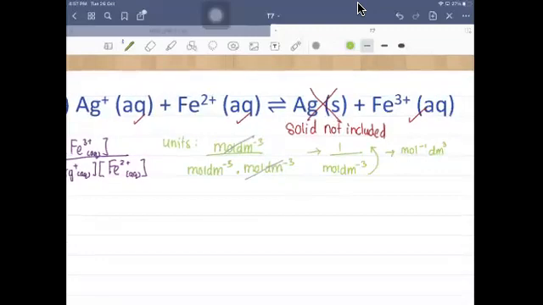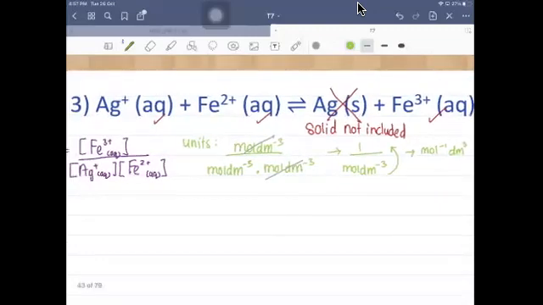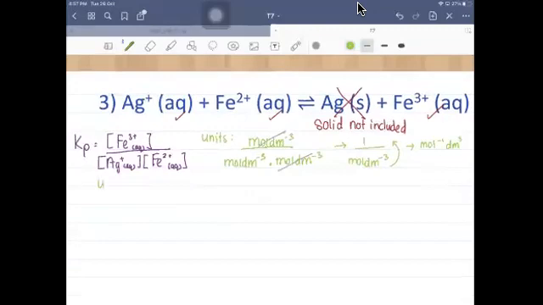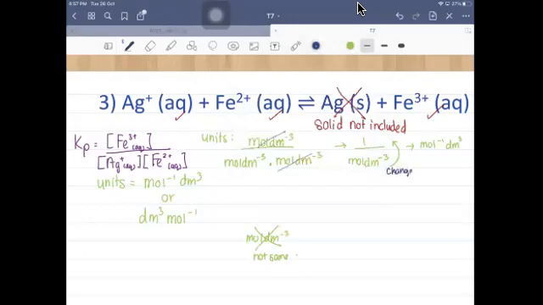So units is mole minus 1 dm cube, or dm cube per mole. Don't get this confused with our mole per dm cube. That's totally not the same. Okay, just a reminder for you to change the sign when you bring it up. Change the sign.